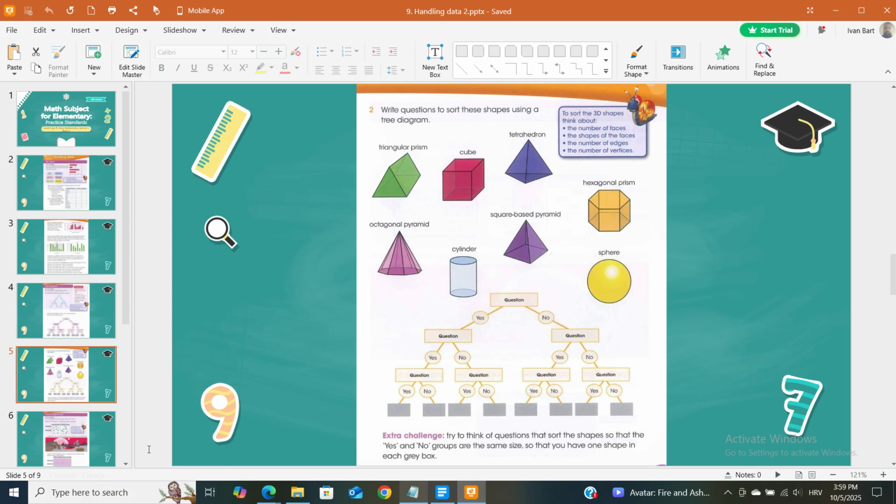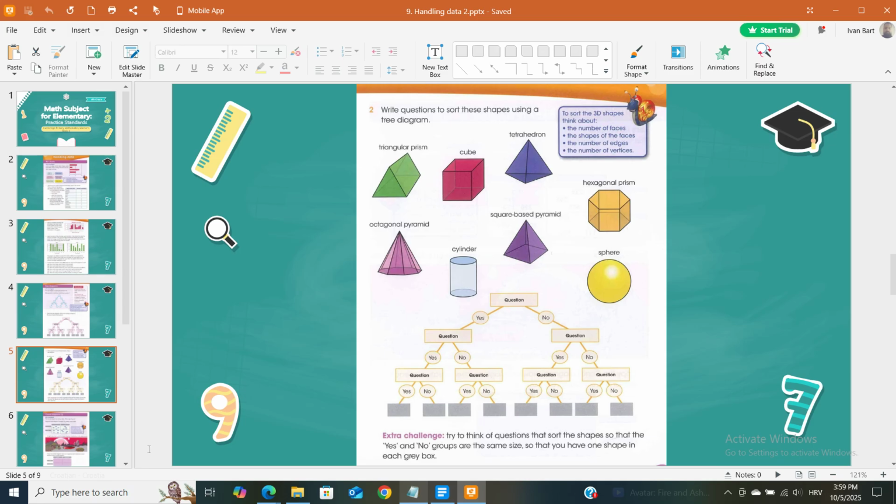Tetrahedron. Triangular prism. Cube. To sort the 3D shapes, think about the number of faces, the shapes of the faces, the number of edges, the number of vertices. Octagonal pyramid. Cylinder. Square-based pyramid. Hexagonal prism. Sphere.